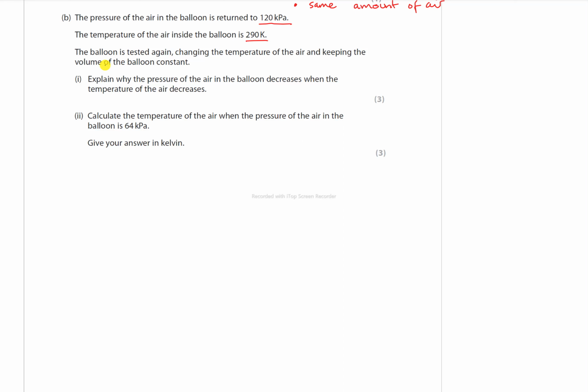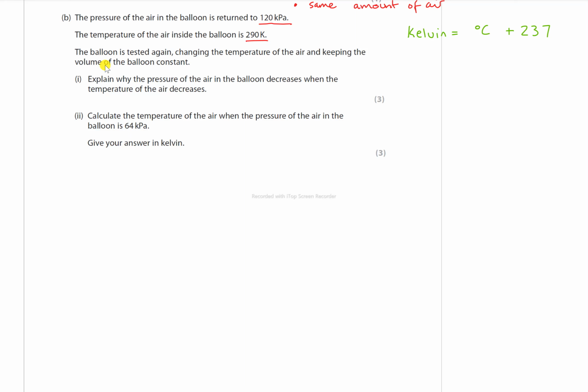If you want the Kelvin scale, you take the Celsius scale and you add 273.